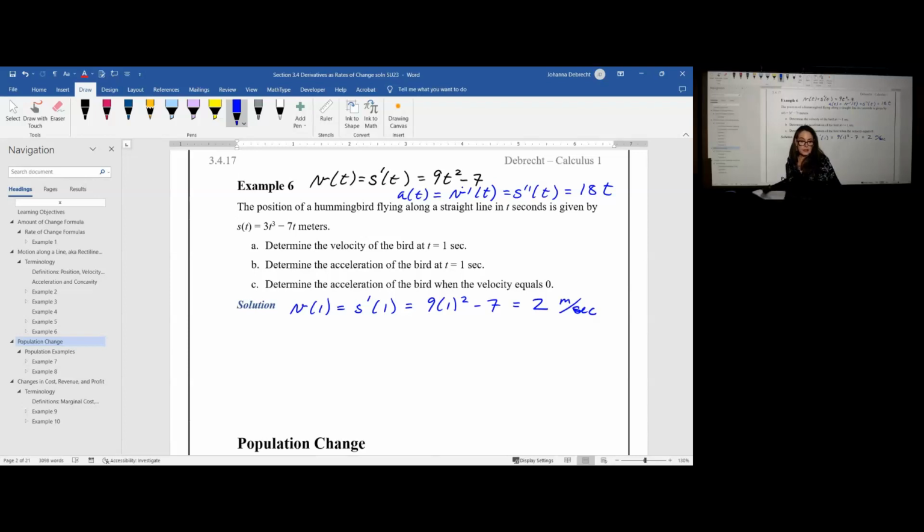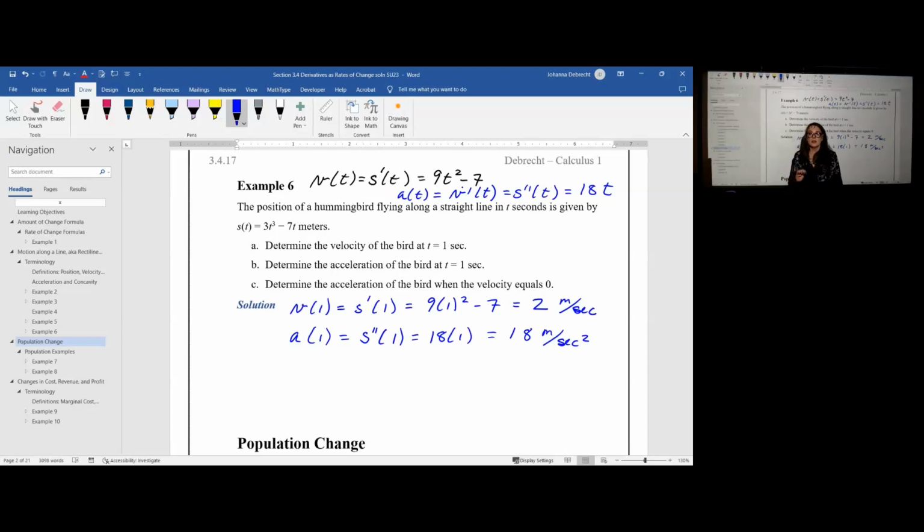Now we want to take a look at the next part, find the acceleration of the bird at 1 second. The acceleration of the bird at 1 second is going to give us the second derivative of position at 1 second, which is 18 times 1, which would end up being 18. It will be in units of meters per second squared.